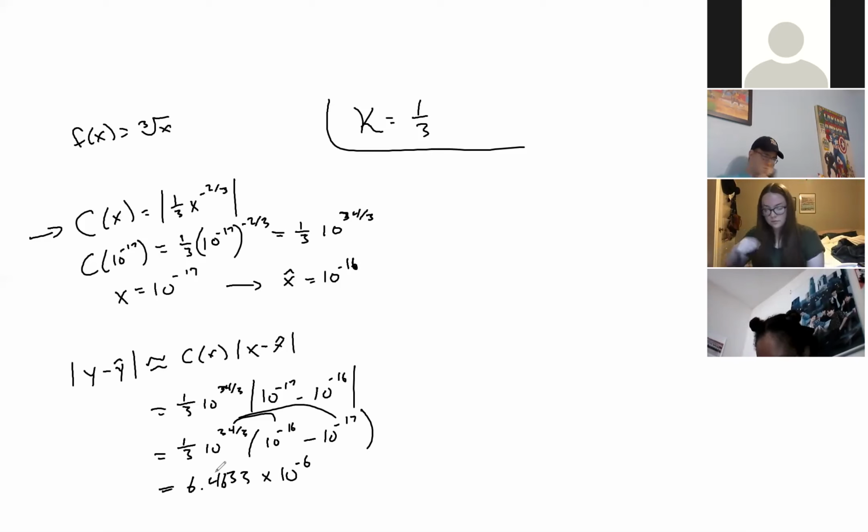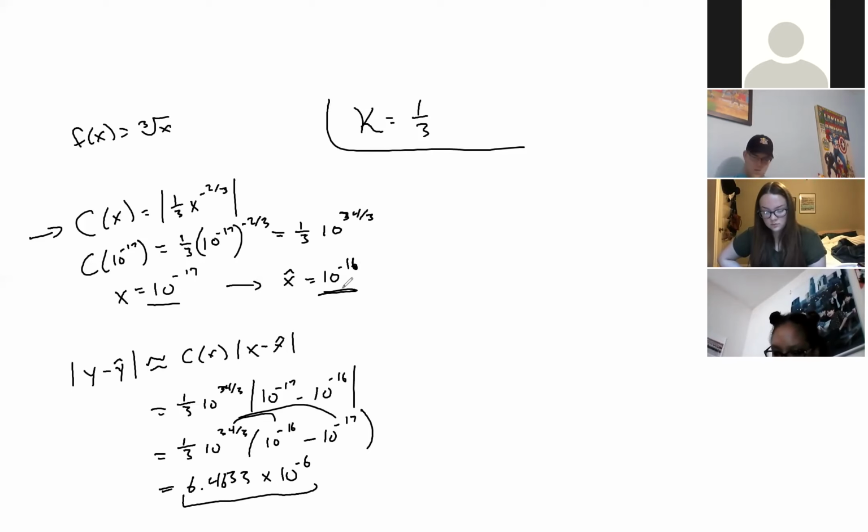So the thing that I want you to understand, I mean, this is just some computation, plugging some numbers in, but notice how big of a difference this is from how much the x values changed, right? There was very little change to my x values from 10 to the negative 17th to 10 to the negative 16th. That's a really small change.